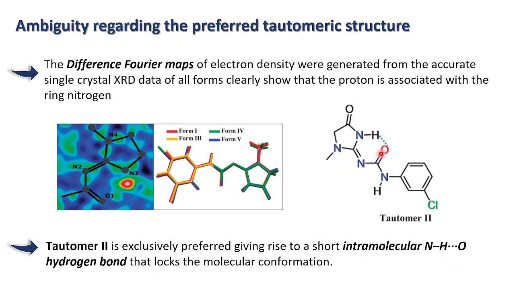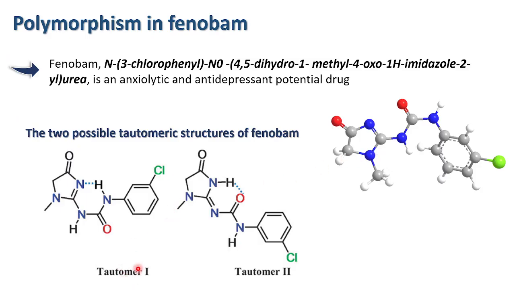This is the intramolecular hydrogen bonding within the molecule. That's why this is stable. That means this conformation is locked, due to the NHO intramolecular hydrogen bond. There are two competing interactions in the tautomers, tautomer 1 and tautomer 2.